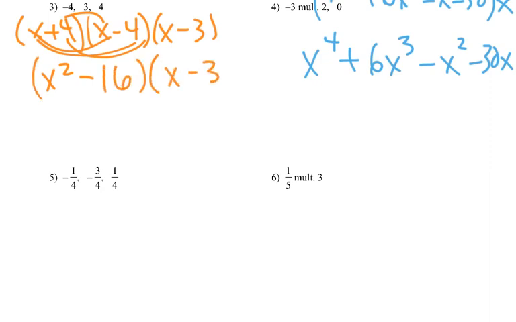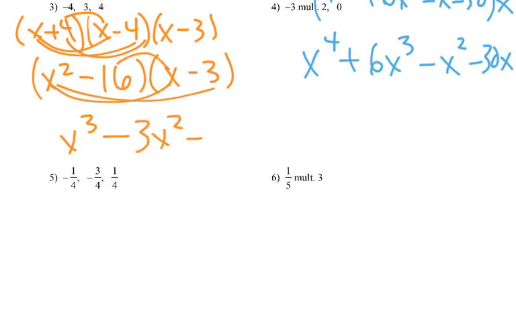And then multiply that, we get x cubed minus 3x squared minus 16x plus 48. And there's number 3.